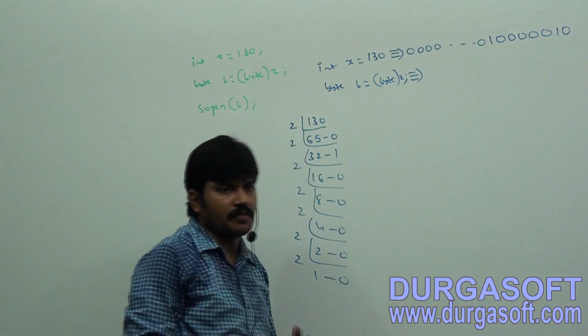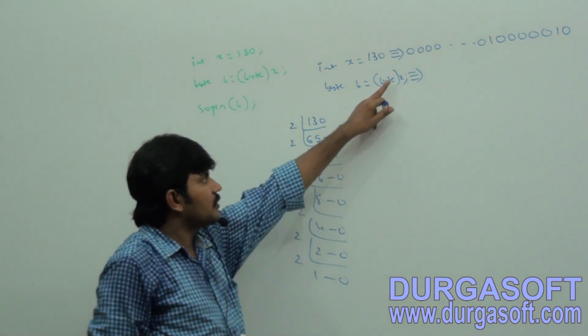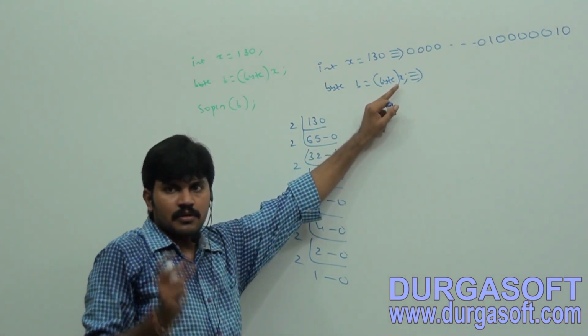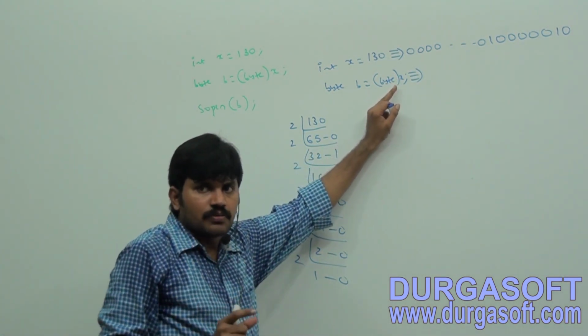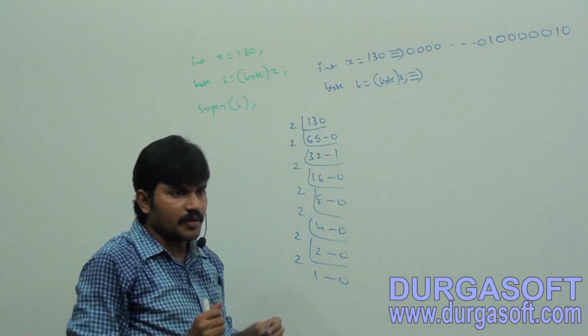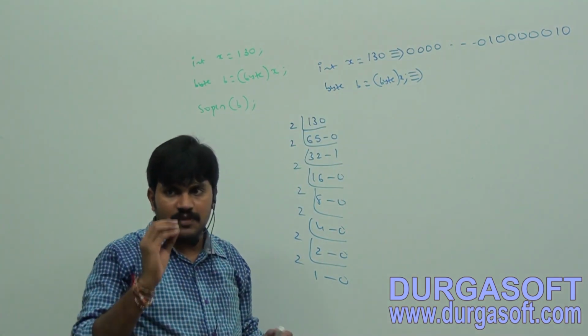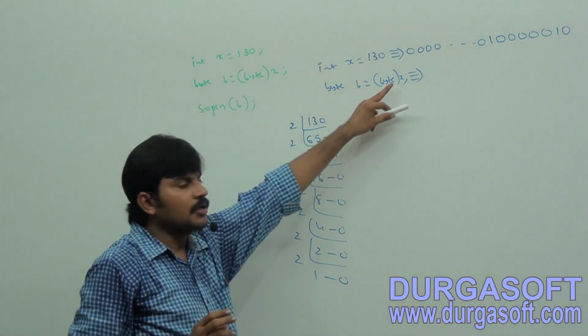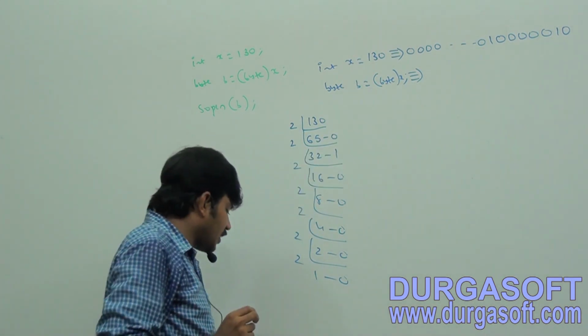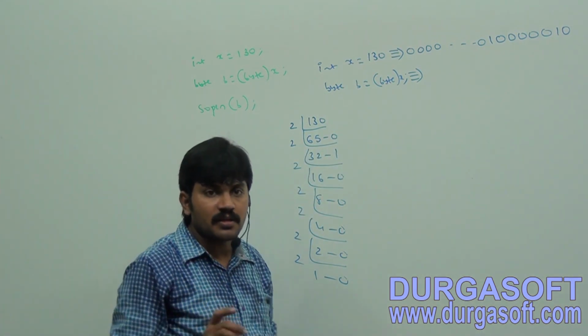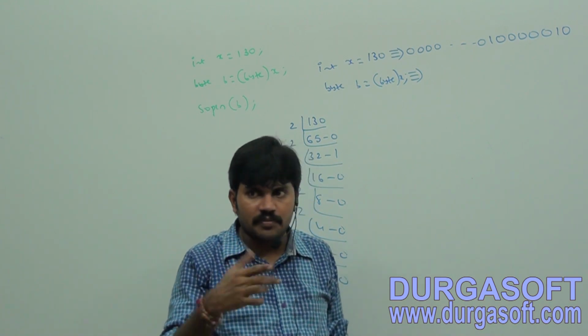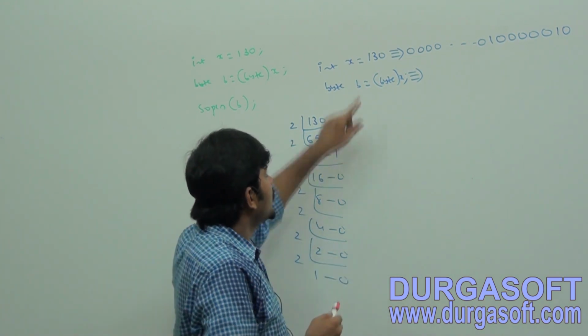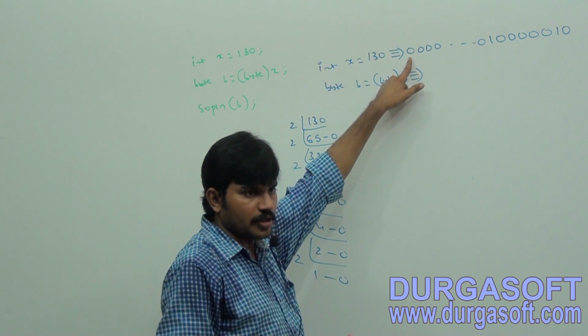Now byte b is equal to byte of x. Whenever we are assigning a bigger data type value to a smaller data type variable by explicit typecasting, the most significant bits will be gone. Here how many bits are there? 32 bits.